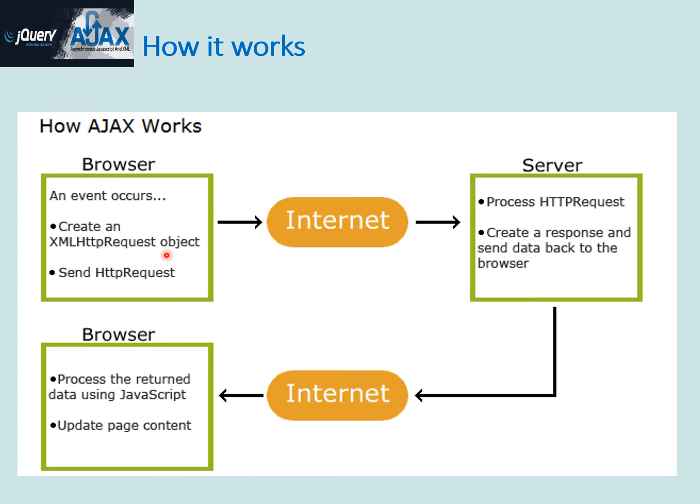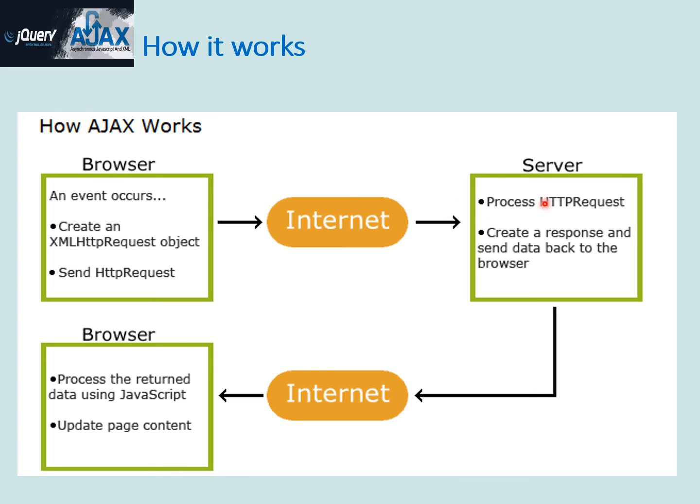So if any type of event occurs on a web page, it will create an HTTP request object. Then this request object is sent as an HTTP request over the internet towards the server.